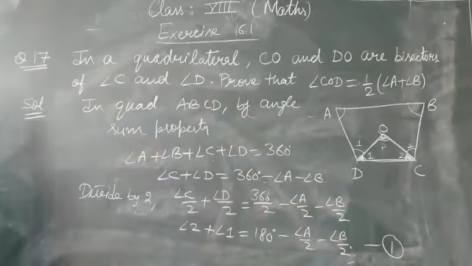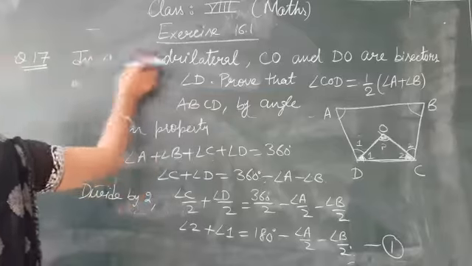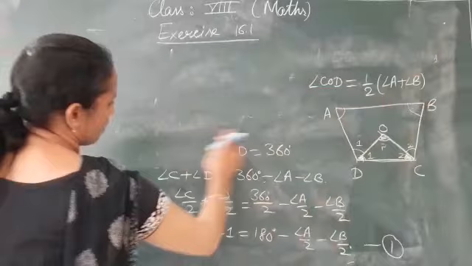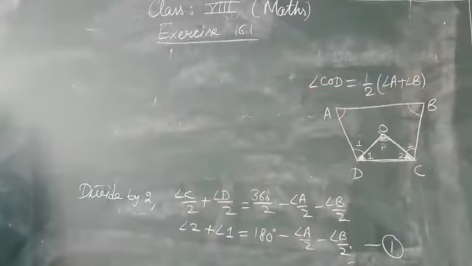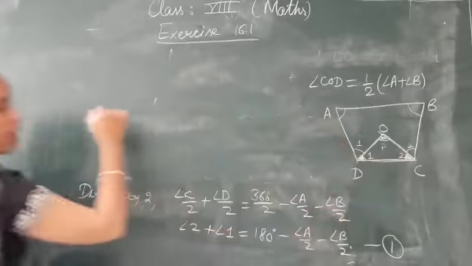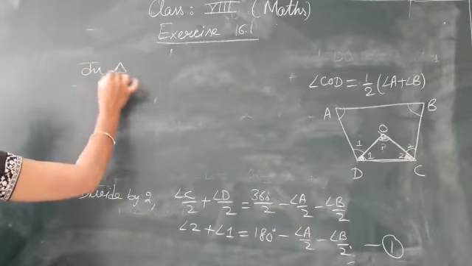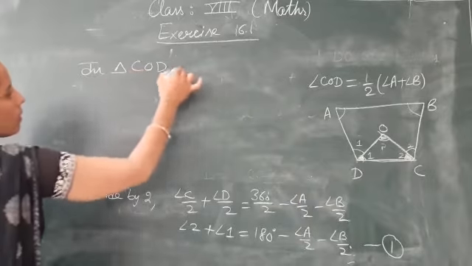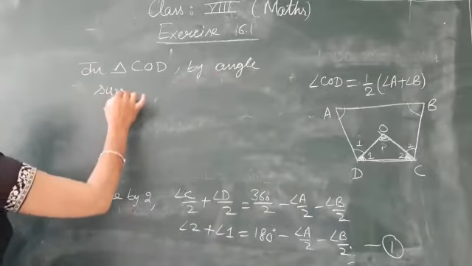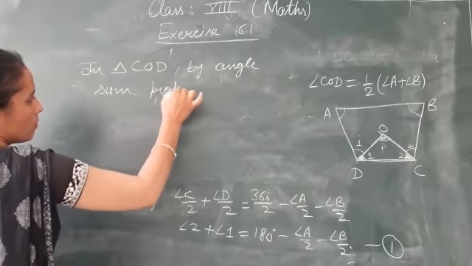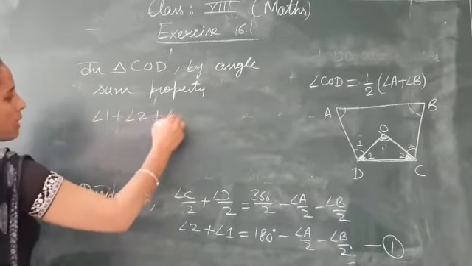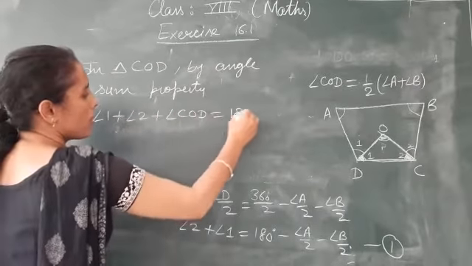Now see, now we are getting the sum of two angles in the triangle. So we can apply angle sum property on this triangle. In triangle COD, by angle sum property, we can write angle 1 plus angle 2 plus angle COD is equal to 180 degrees.